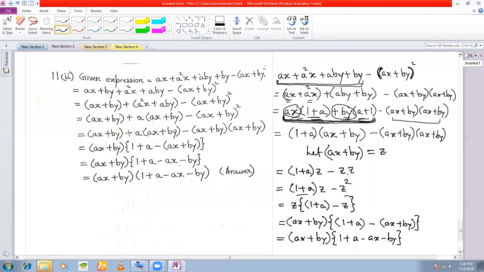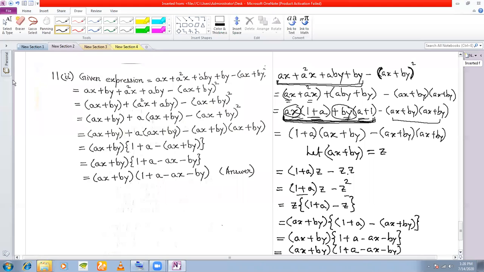And finally, you get your answer as, you change the curly brackets to your first bracket, ax plus by into 1 plus a minus ax minus by. Fine. Understood? Yes, sir. No problem.